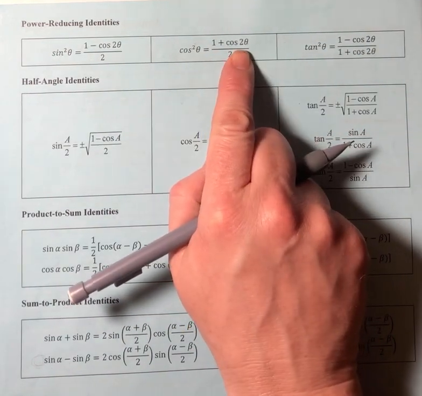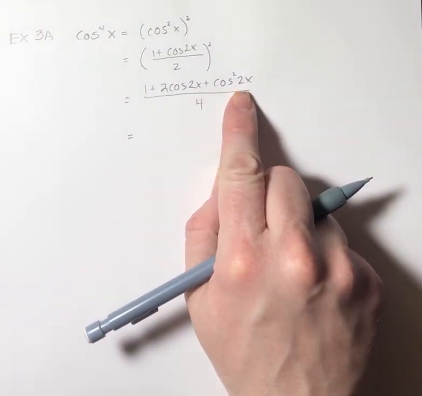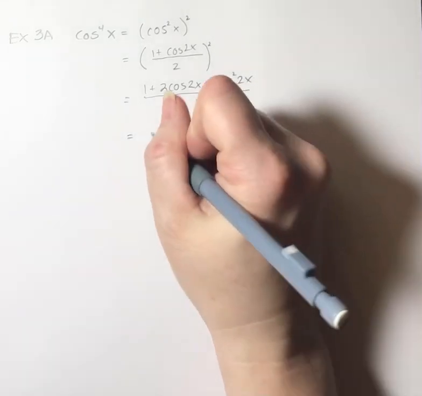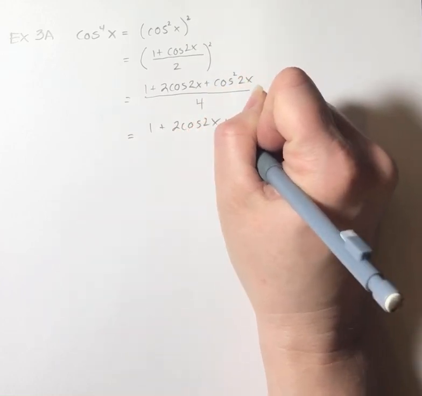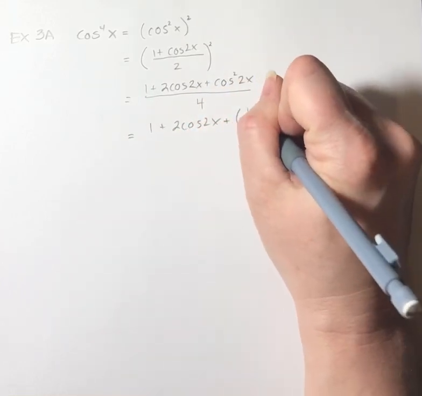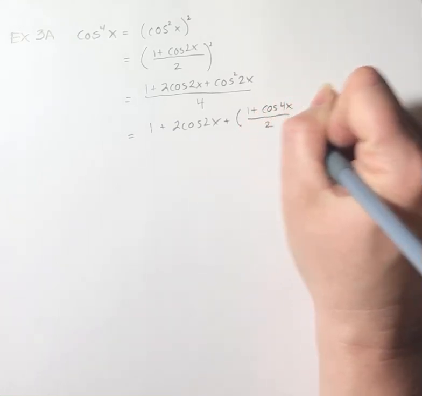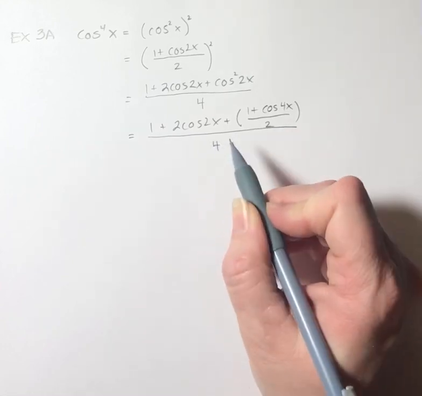This gets to be twice as big because this is already a 2x. In my identity, it's going to become a 4x. So this stays the same. This stays the same. This becomes 1 plus cosine of 4x over 2. And then the whole thing is over 4.